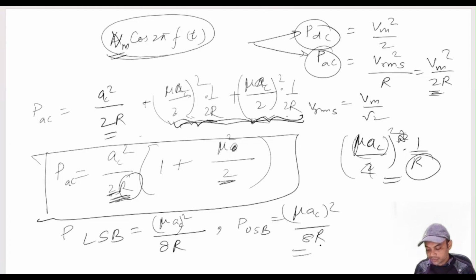It is clear? And if we want to write it in terms of PC, this is PC. Then we can write it as mu square, and 4 will be left out, PC into mu square by 4, and the same for this one, PC mu square by 4.